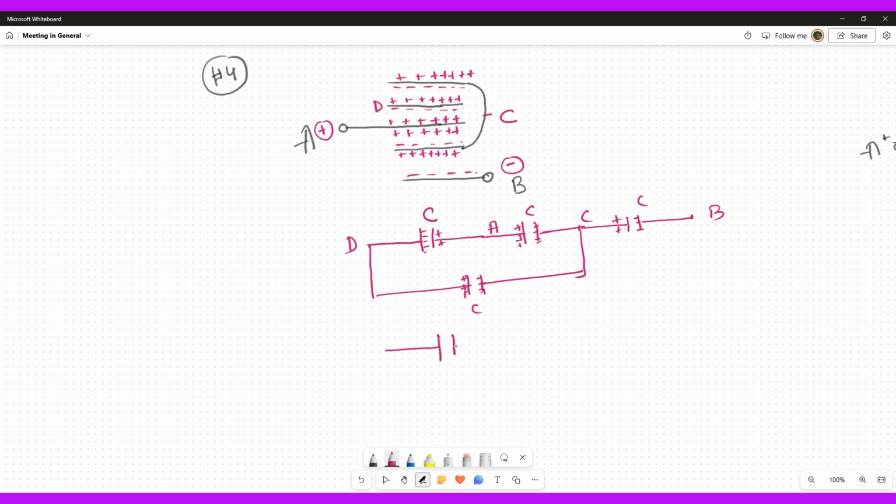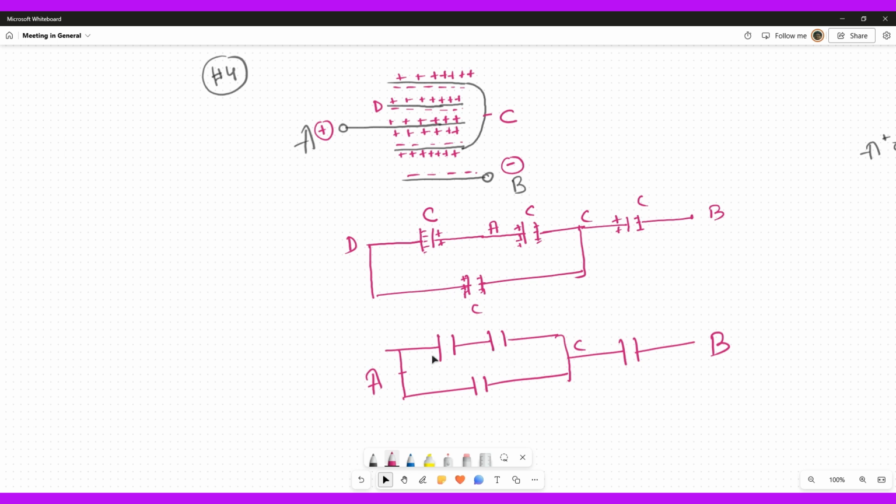So you take it this manner. Okay. Now between A and C, there is another one. Take it like this. So this is A. Okay. And this is the point B. Clear? This is the point B.